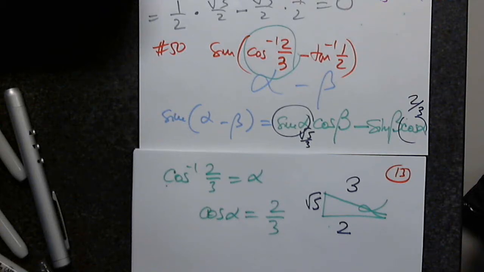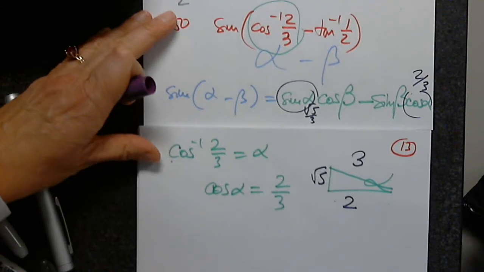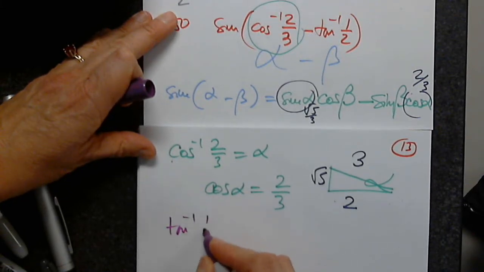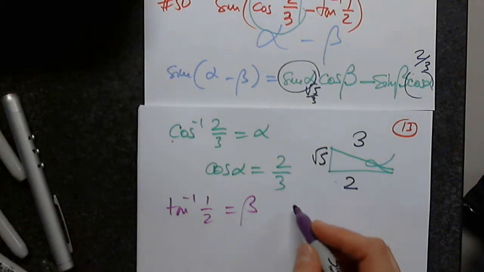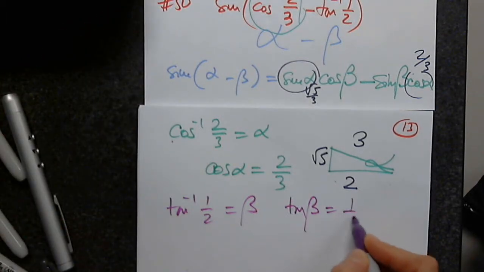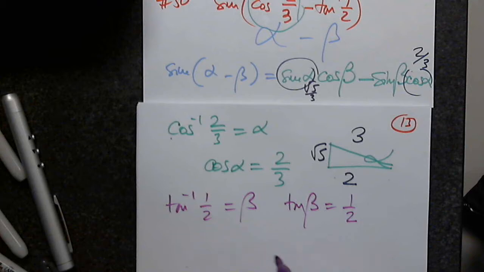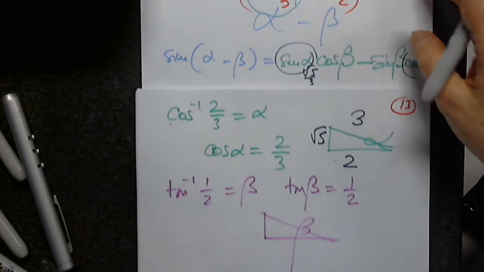So now I go back to the other angle, which is angle beta. So I have tangent inverse of 1/2 is angle beta, and from here I have tangent beta equals 1/2. So there exists another right triangle with an acute angle beta. What do I know about it?